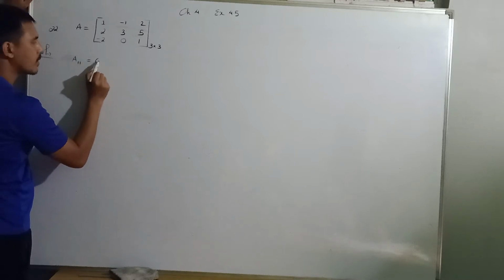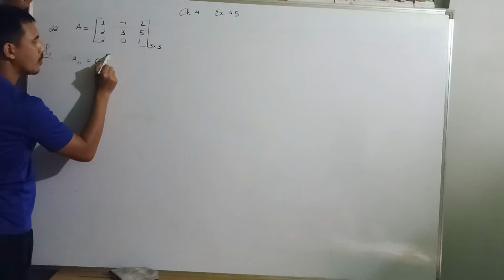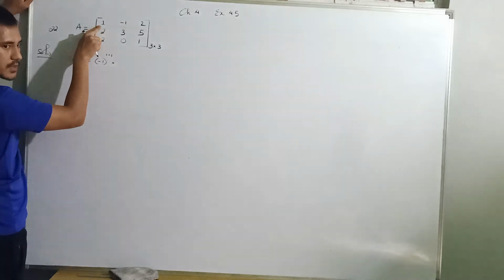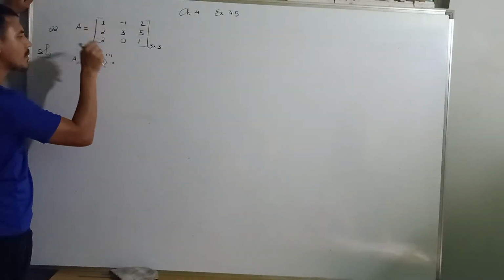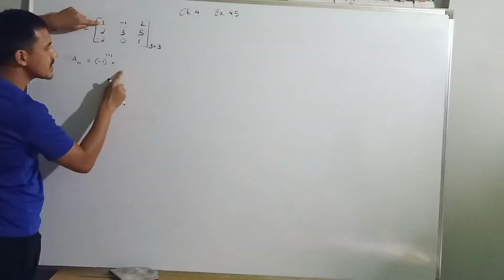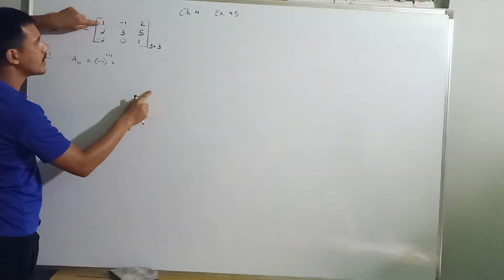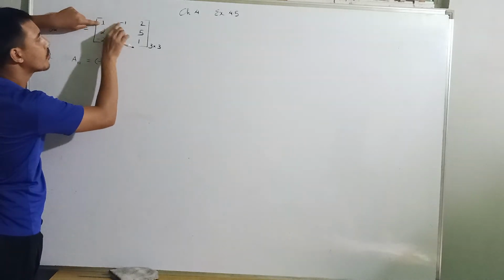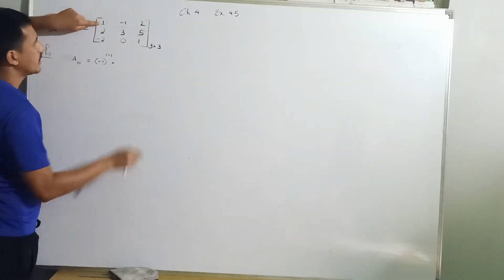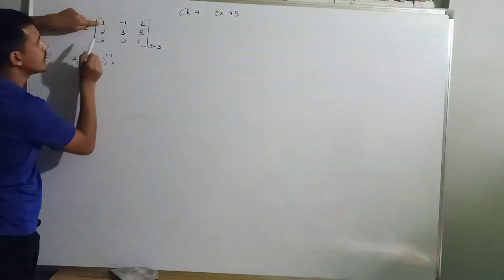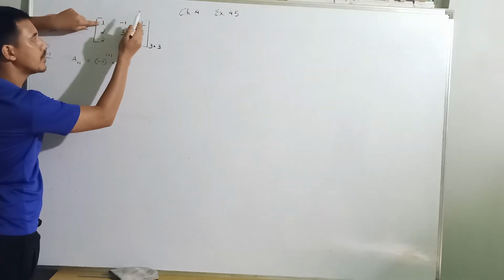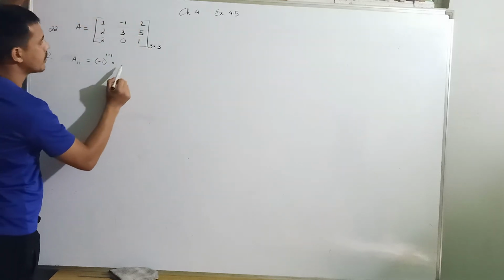It is given by minus 1 to the power 1 plus 1 times the minor of this element. The minor of this element is the determinant obtained by neglecting the row and column to which your element belongs.